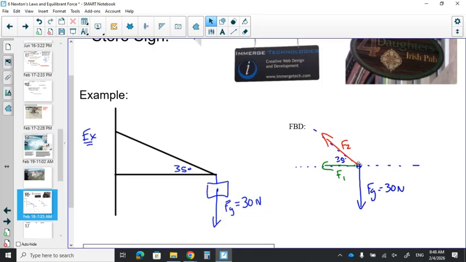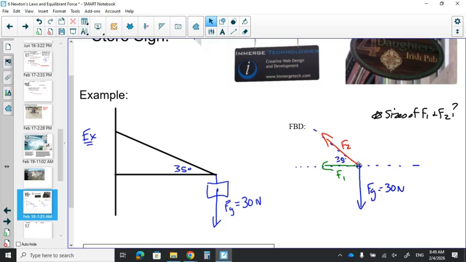So let's just point out sizes of F1 and F2. The free body diagrams are good for helping visualize all the forces. So it's good to draw them at the start, but you don't necessarily know the sizes of the forces. That's what you're trying to figure out, right? So I think of it as a rough sketch of the free body diagram, and you come back and adjust it to make it the way it needs to be.